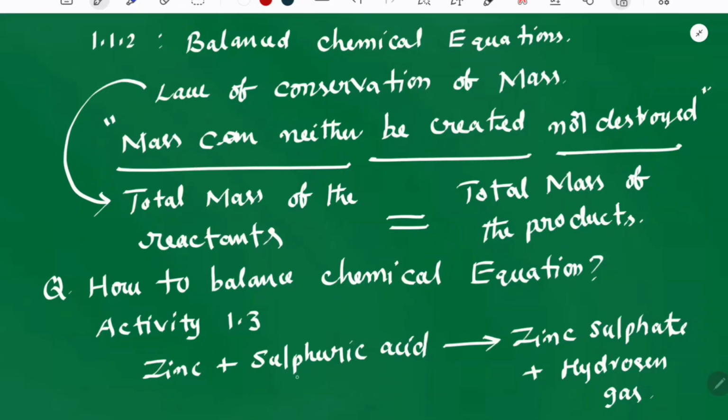Here two reactants are connected with a plus symbol, and two products are also connected with a plus. Between reactants and products we keep an arrow mark towards the product. So which equation is this? Word equation.